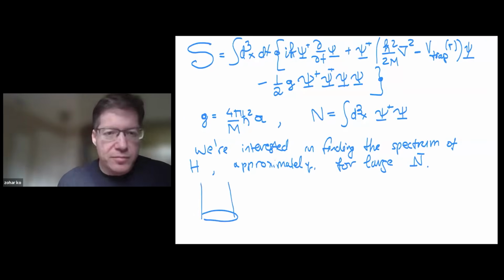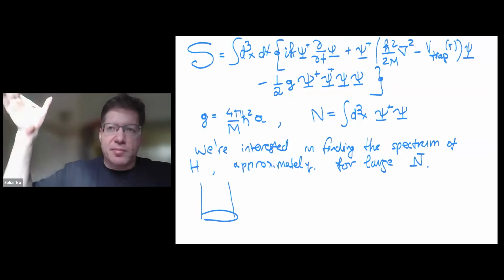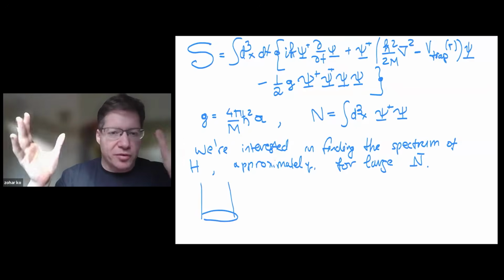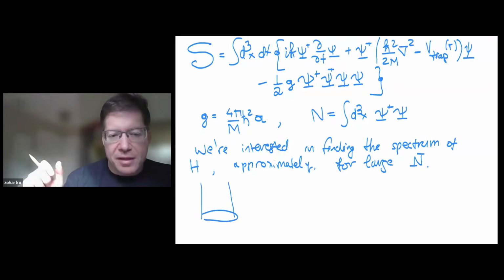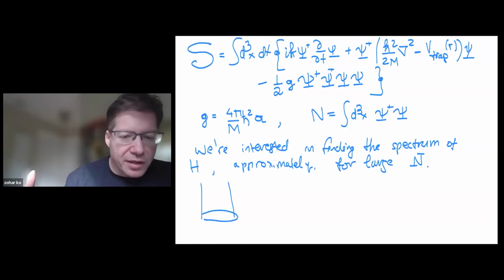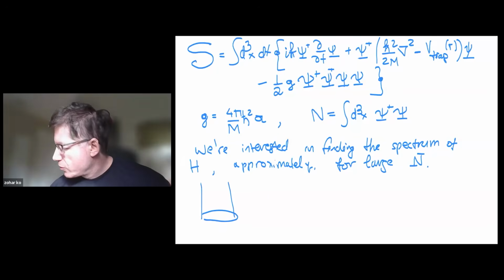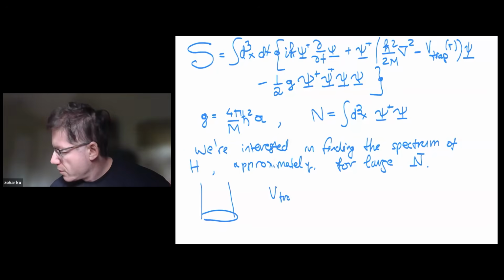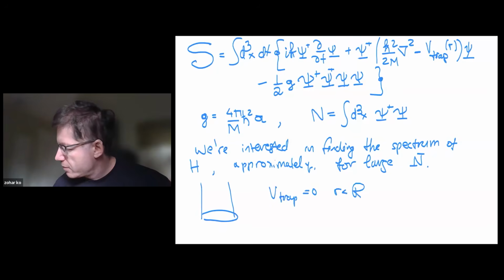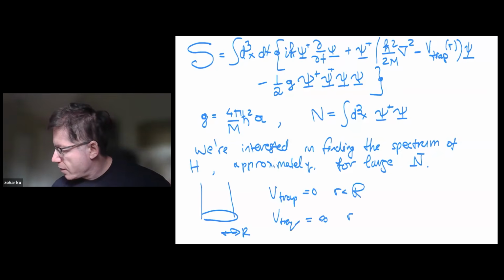Sometimes in optics people trap particles by a harmonic potential or some anharmonic potential. But if your trap is literally a container like a bucket, then you don't need V trap. V trap is 0 for R smaller than some capital R, and V trap is infinite for R bigger than capital R.